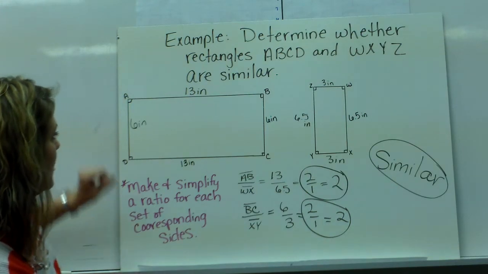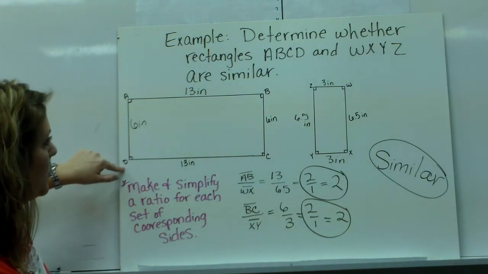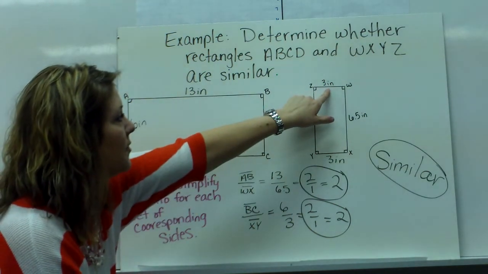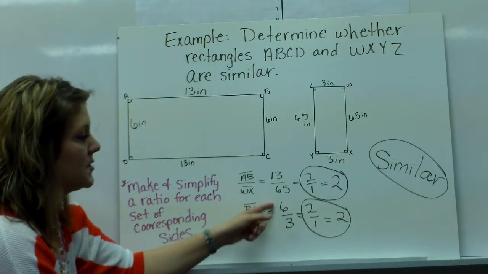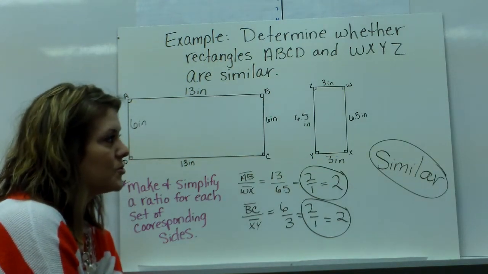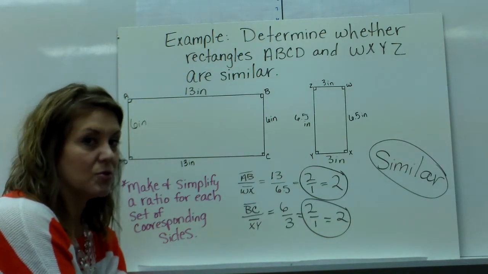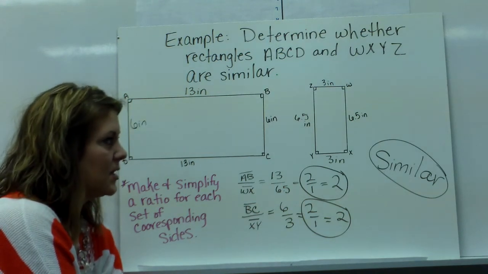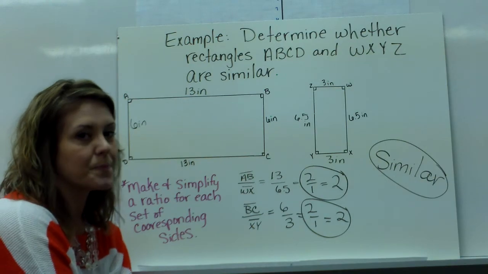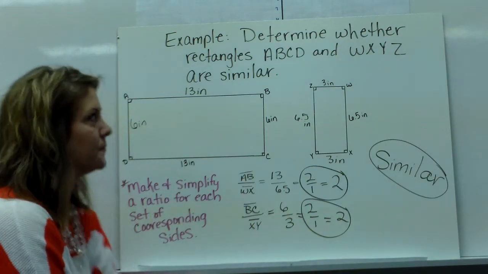We would then be doing AD, which corresponds with WZ up here at 3. So again, we'd be doing another 6:3 ratio, which is 2. So all around, those corresponding sides have a ratio of 2:1. It's consistent in both rectangles, so that will make them similar.